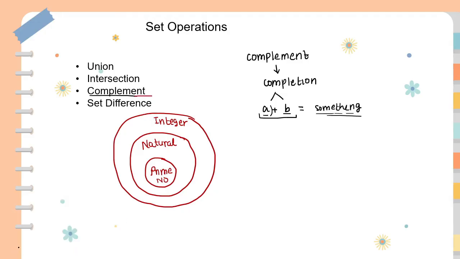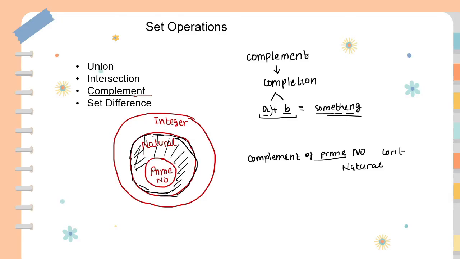If we are interested in finding the complement of prime numbers with respect to the universal set of natural numbers, we are interested only at the natural number level. So we are taking the universal set at this boundary. The complement of prime numbers means excluding prime numbers from the universal set, so all these will give the complement. Basically we will remove all the prime numbers from the natural numbers.